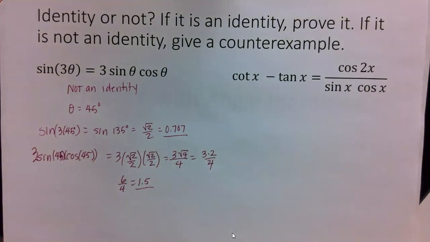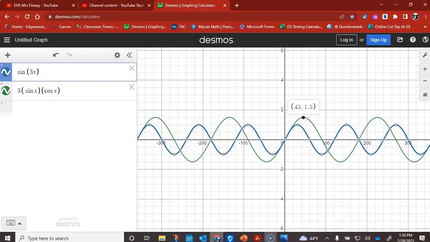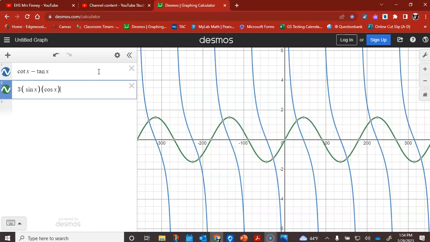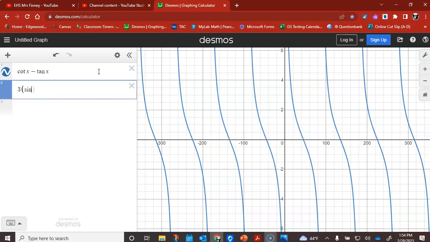So then I'm going to go back to Desmos, and I'm going to type in the top equation here. I'm going to type cotangent x minus tan x, and then in the second equation I'm going to type in cosine 2x divided by the sine of x times the cosine of x.